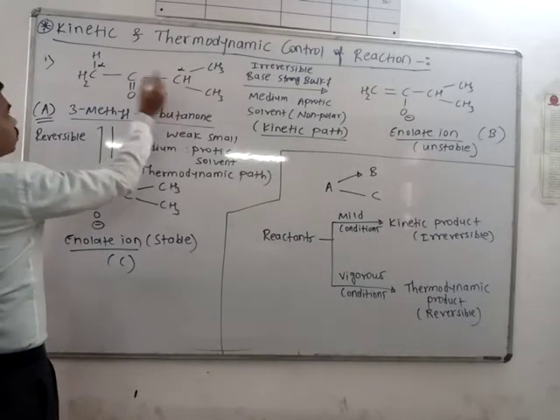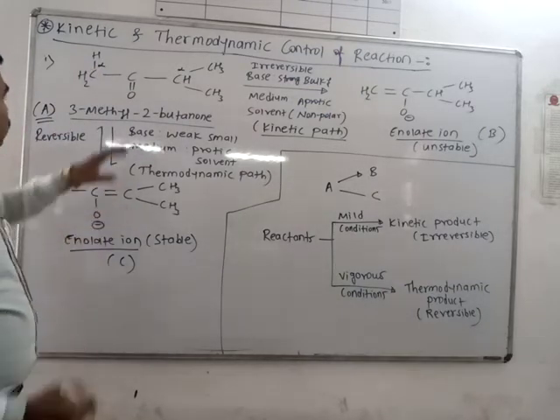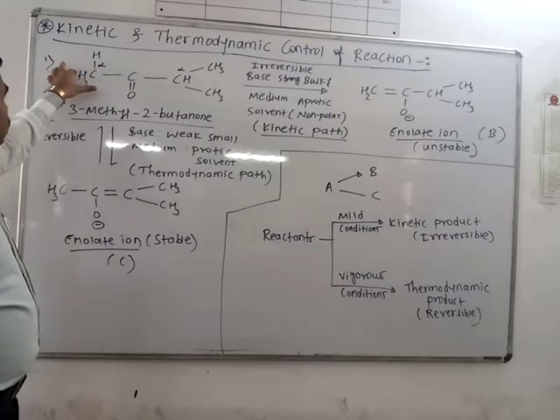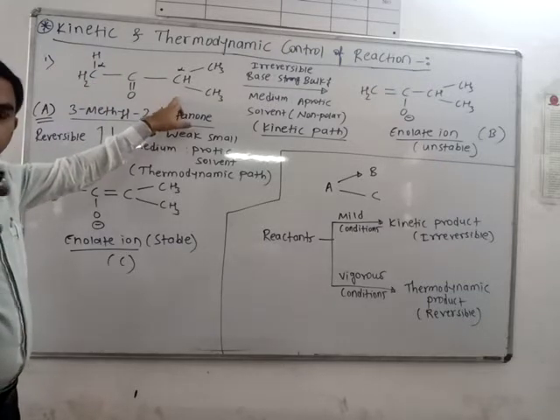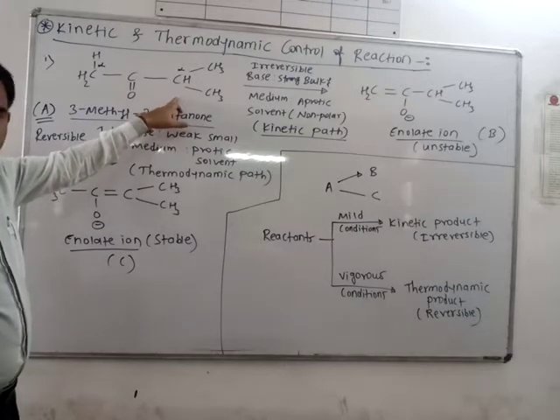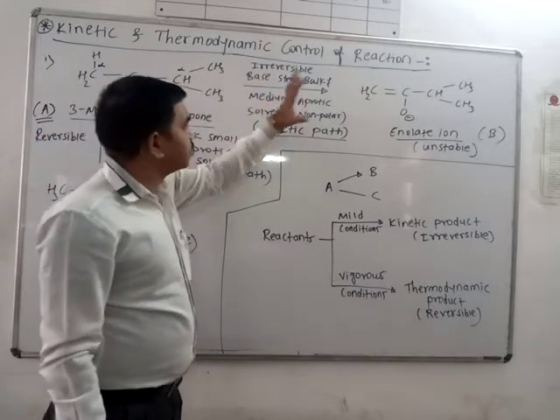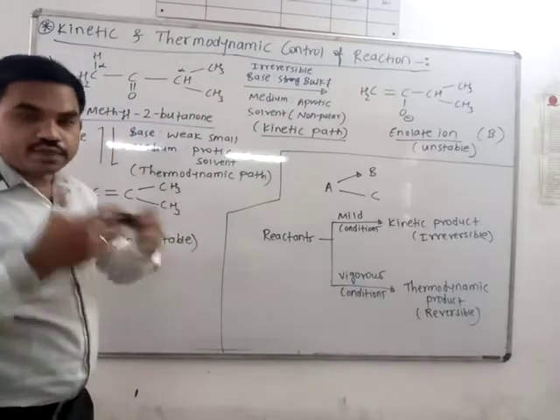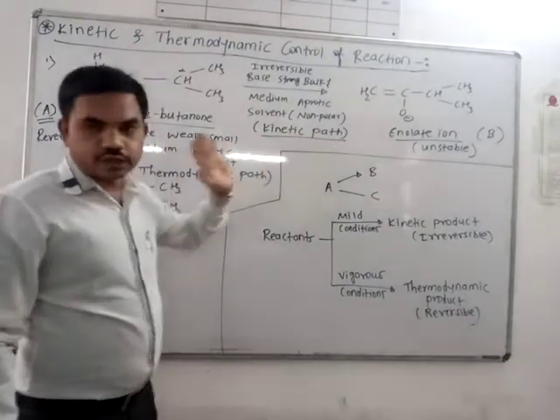Here one alpha hydrogen, here 3 alpha hydrogen atoms, actually a total of 4 alpha hydrogen atoms. All the alpha hydrogen atoms are acidic. So the reaction will follow an irreversible way, it is not reversible. So this is the kinetic path of a reaction.